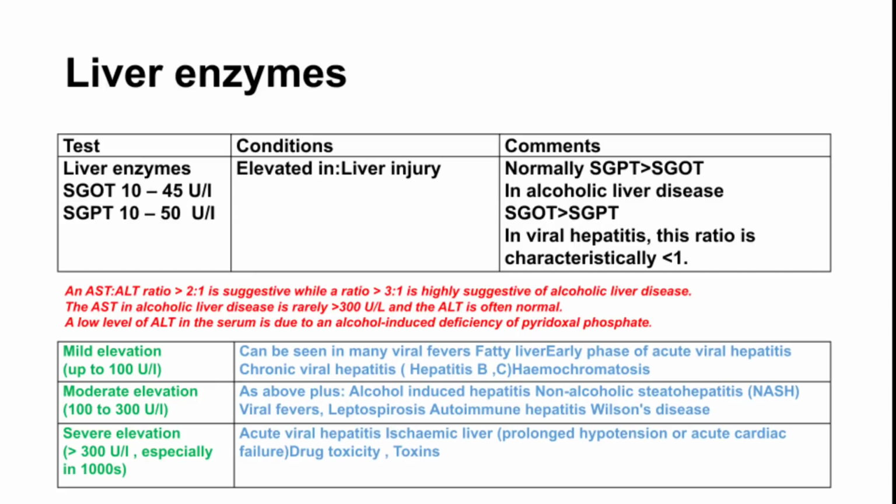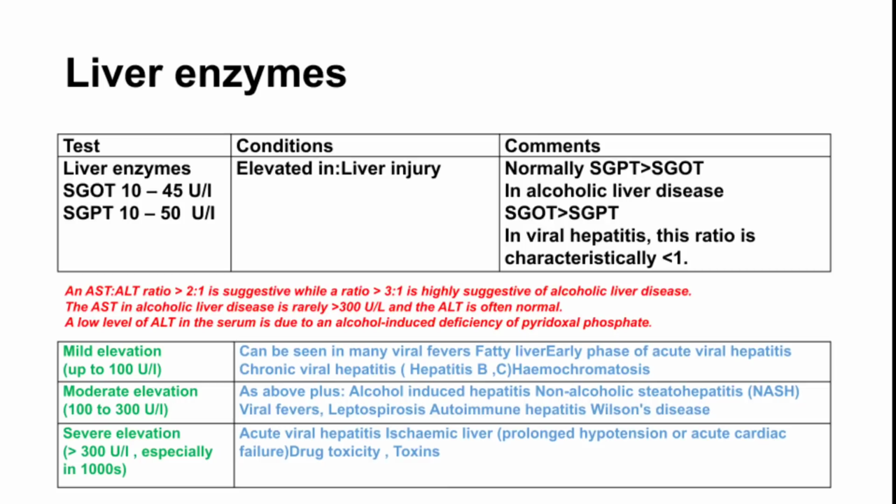But if it is more than 1000, we have to suspect viral hepatitis, ischemic hepatitis, or toxic hepatitis, like drug-induced or some other toxin-induced hepatitis. So if it is in the thousands, there are very few causes, but most of the other diseases can have hepatitis with SGOT and SGPT in the hundreds.